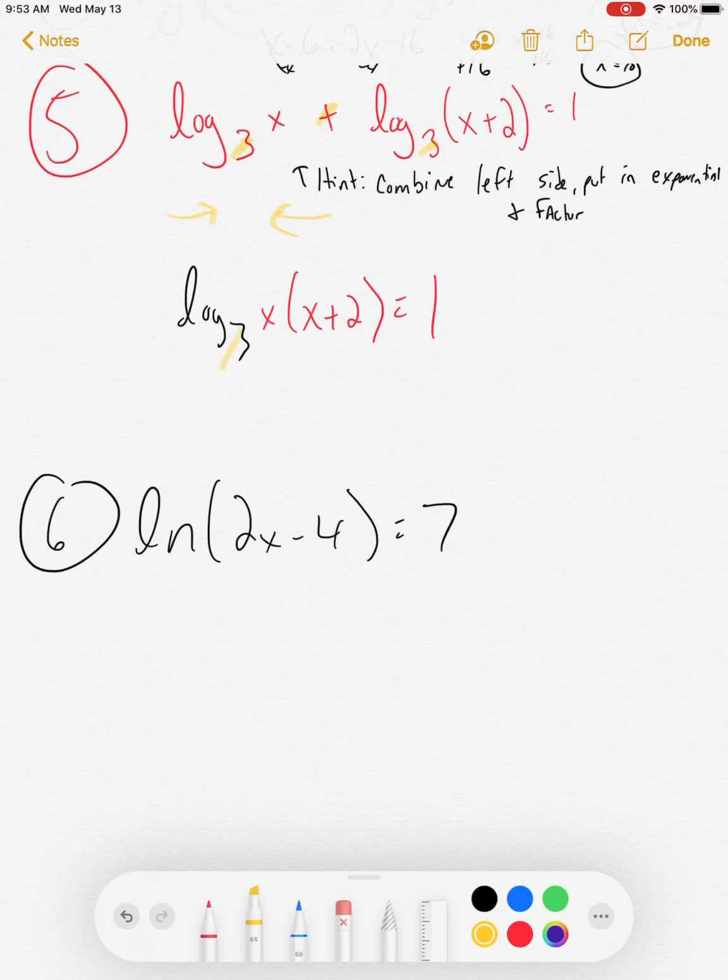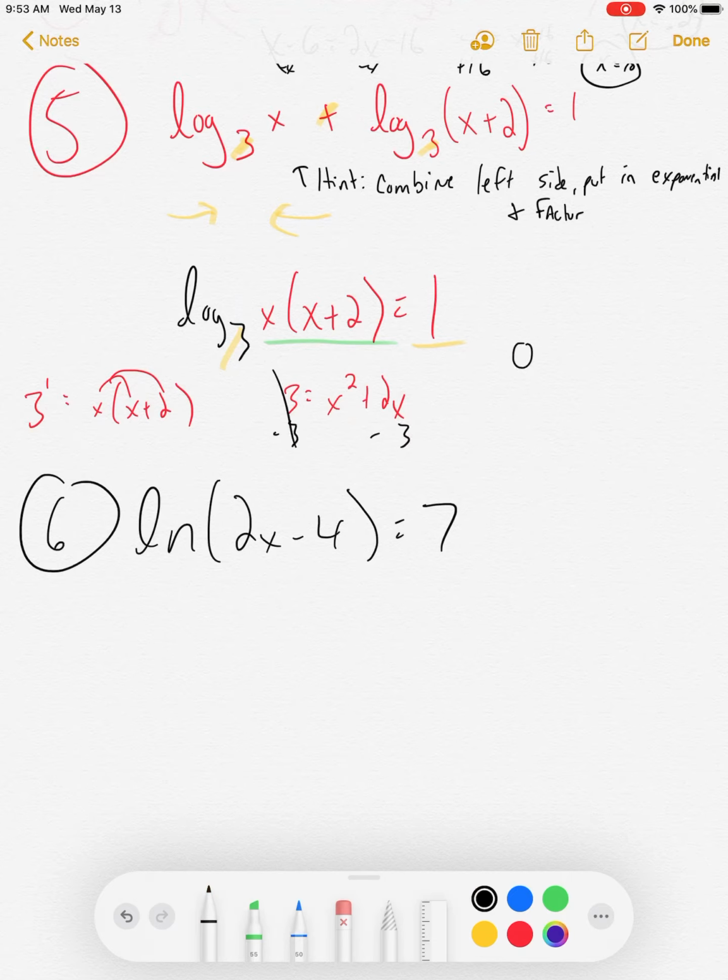Now I'm going to put it into exponential form. Left to the right equals the middle. So in other words, 3 to the first power equals x times x plus 2. Distribute. 3 equals x squared plus 2x. Okay, now I'm going to subtract 3, and get 0 equals x squared plus 2x minus 3.